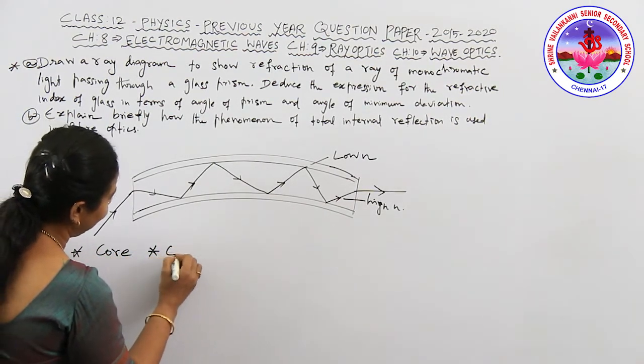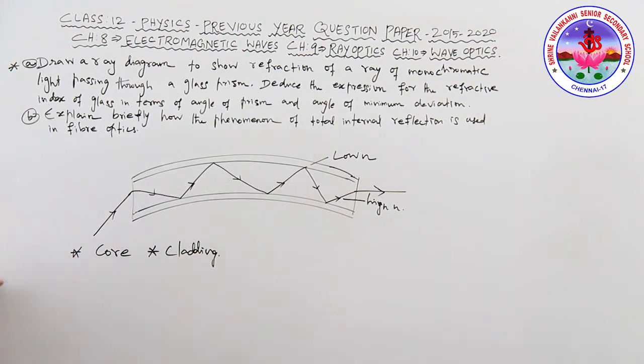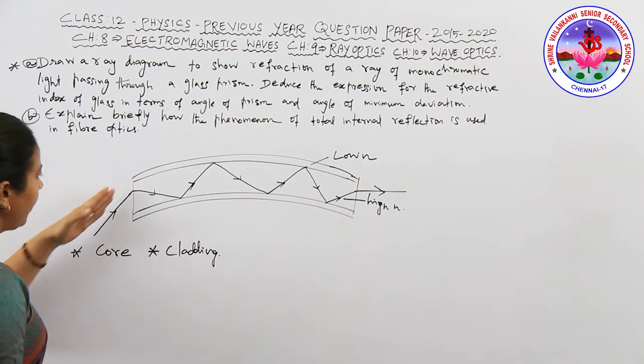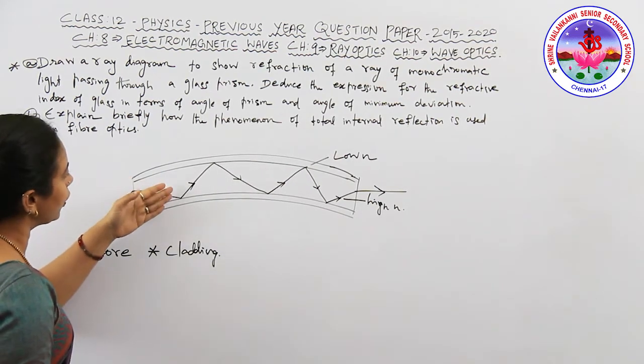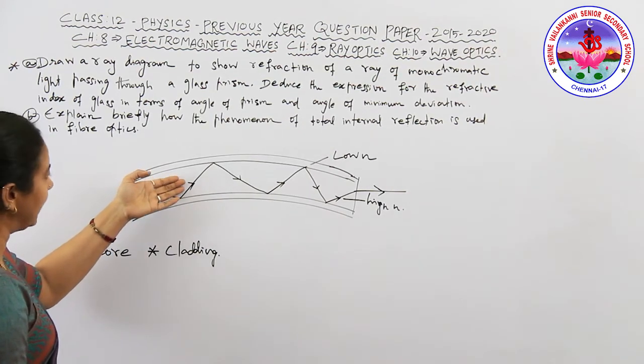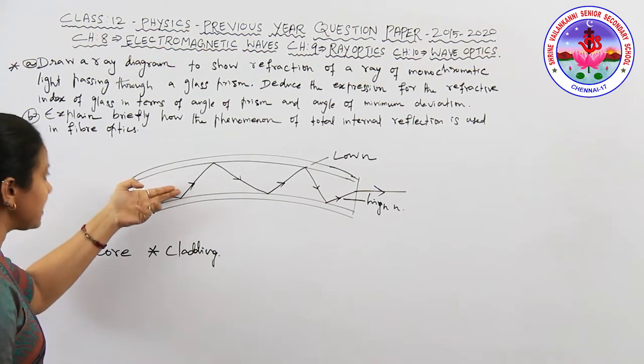Core and cladding are the two different materials we use. When you send the signal or wave, it will not go out from one medium to the other, because of the total internal reflection occurring inside this medium.